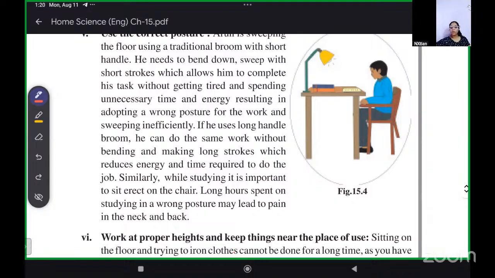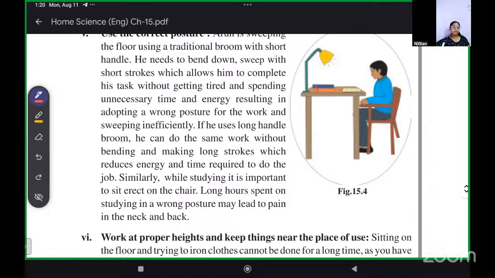Also about posture when we are studying, it is very important that we sit straight, keep shoulders straight, and a support behind our back is also good when we are studying for long hours.